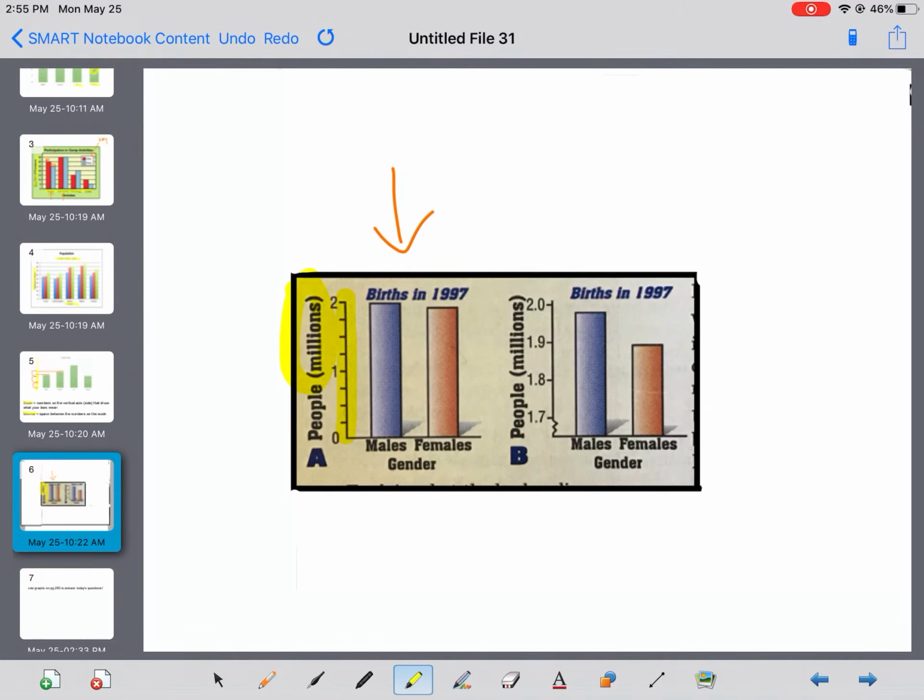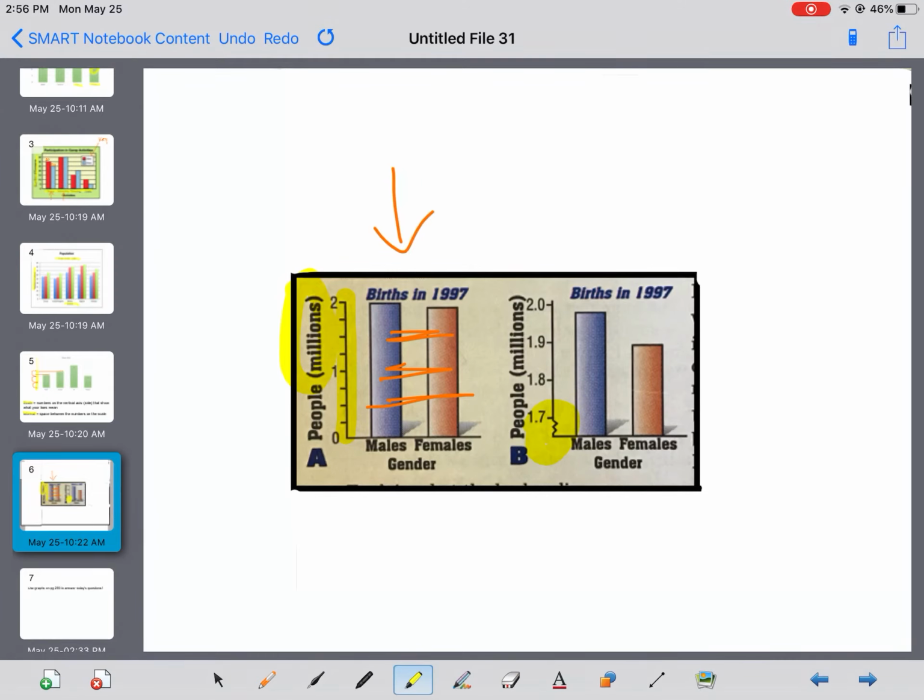All right, but since there are no bars that need to go lower down here, it's not necessary to start your scale at 0. What you can do is just draw a little squiggly line, kind of like a broken line there, and then start your graph a little bit higher up. Because your data set doesn't have any numbers that are lower than 1.7 million, you don't need to start your graph at 0.